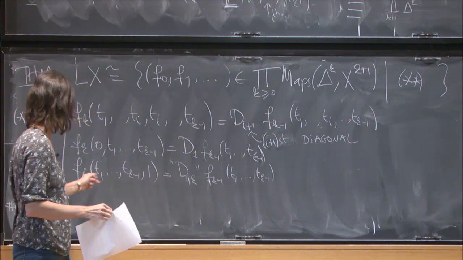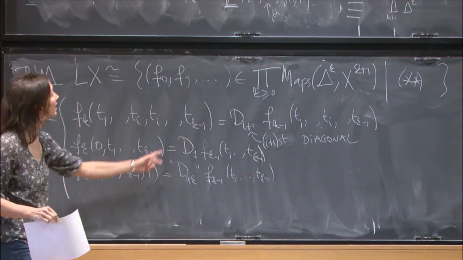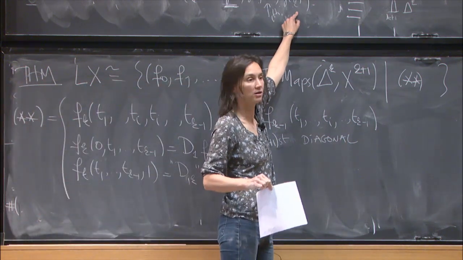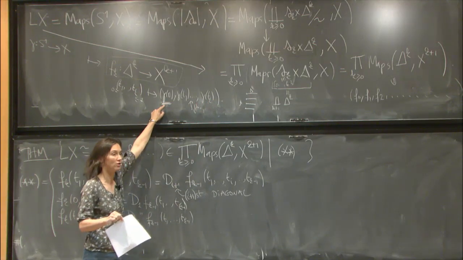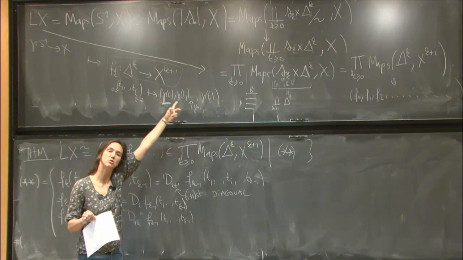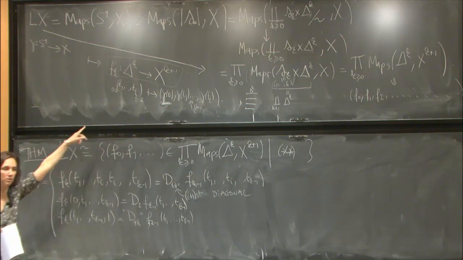What does this do? If I put a 1, that means the last value will be evaluation at 1, but evaluation at 1 is evaluation at 0, so it's a diagonal on the 0. I'm putting the zeroth guy at the last position. It's a diagonal again.